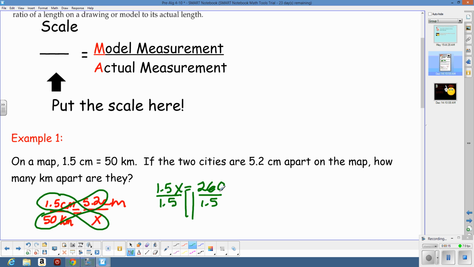So 260 divided by 1 5/10 equals 173.3 repeating, or 173 1/3. And then that would be in kilometers.